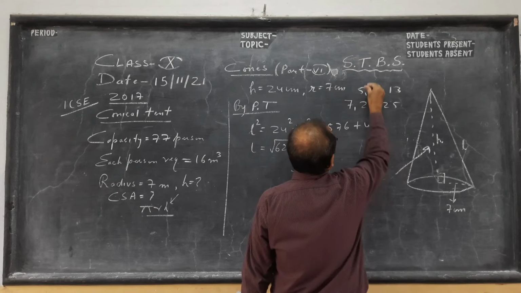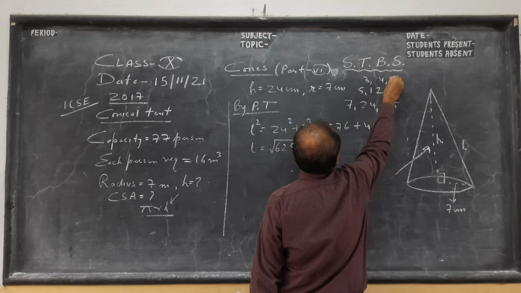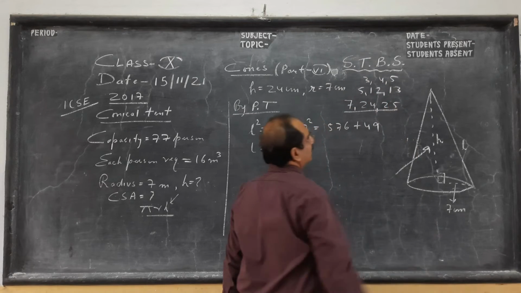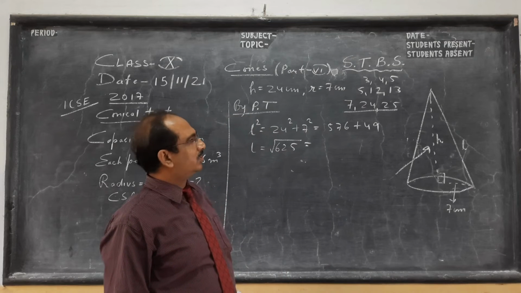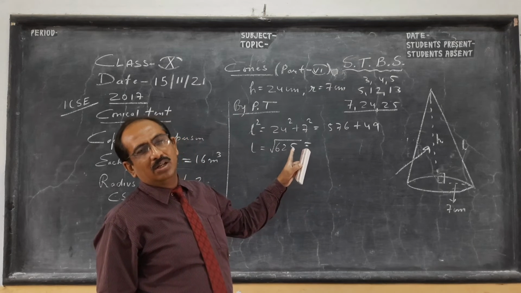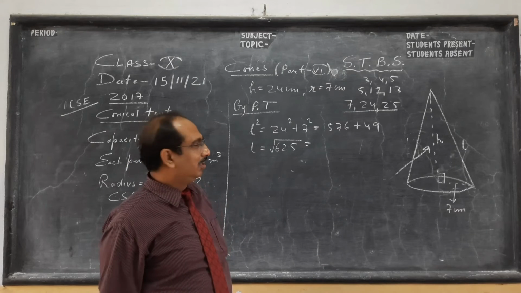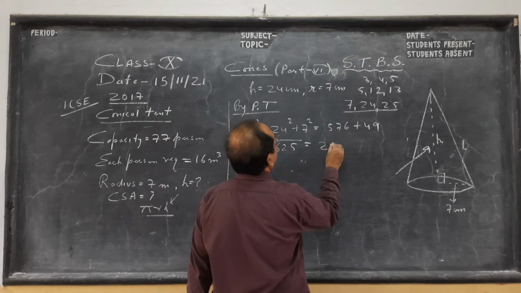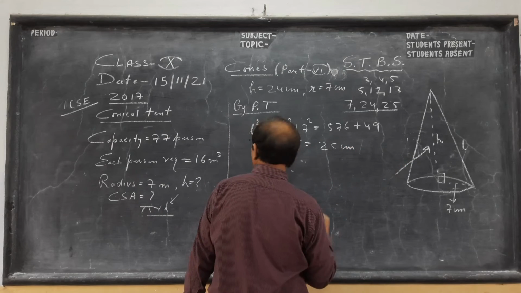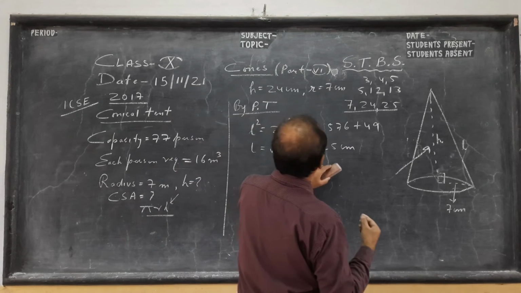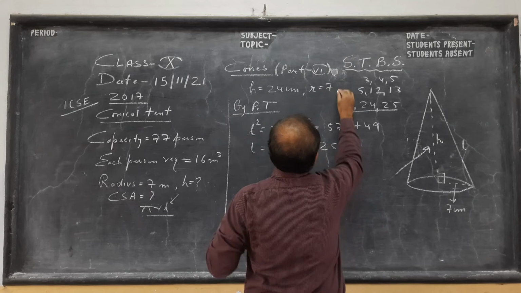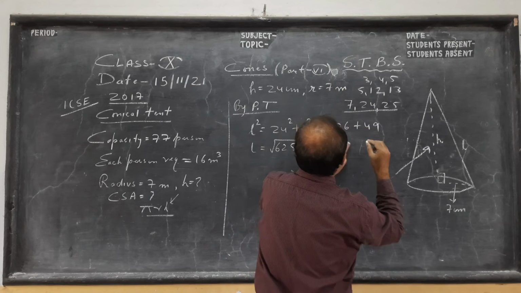Many more triplets are there, 3, 4, 5, and the longest side is always the hypotenuse. What we have seen is that a multiple of a triplet is also a triplet. So this is 25 meter, children, slant height. Sorry, meter we are doing, so we have to see it is in meter.